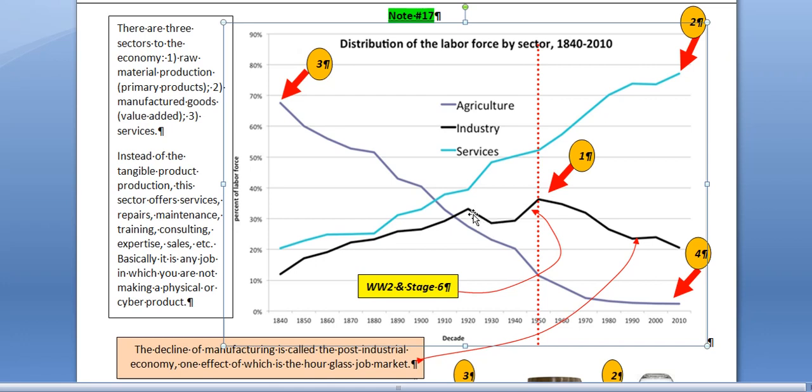Manufacturing fell off, then you had the Great Depression here. Then you had World War II, an attempted transition to stage 6, and then manufacturing fell off. So that World War II, the stage 6 really did pan out.